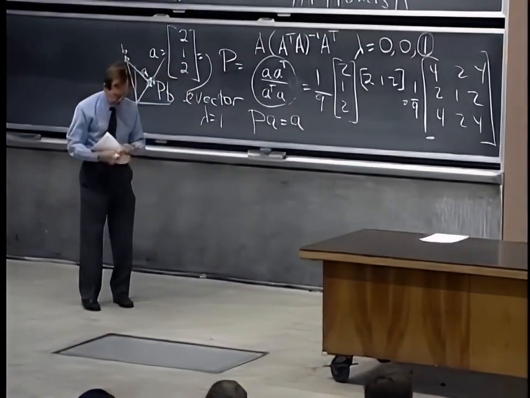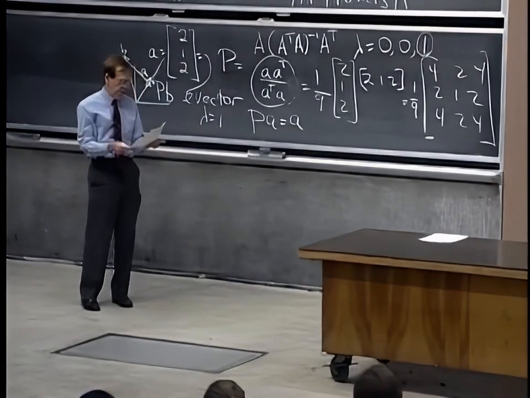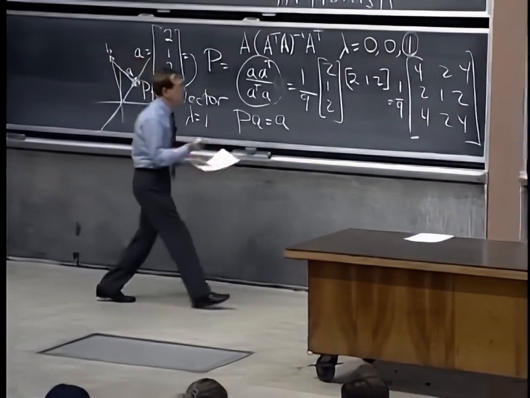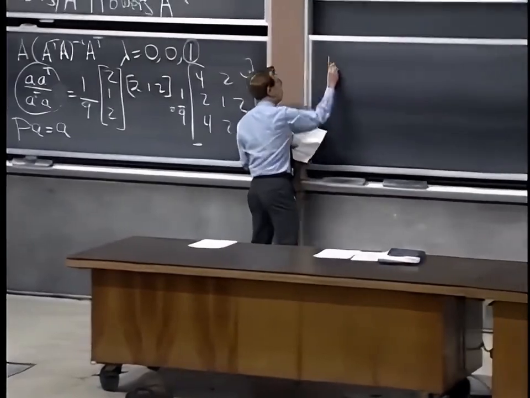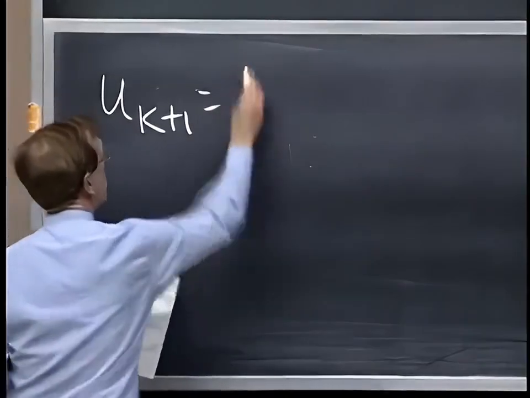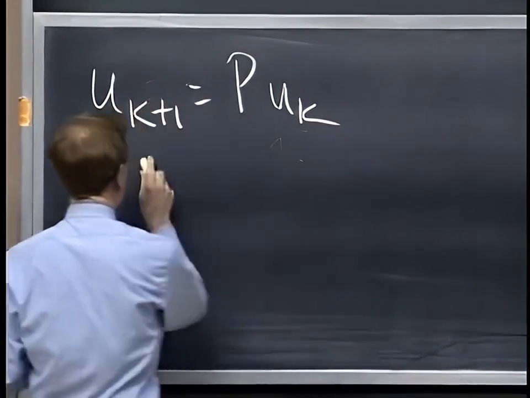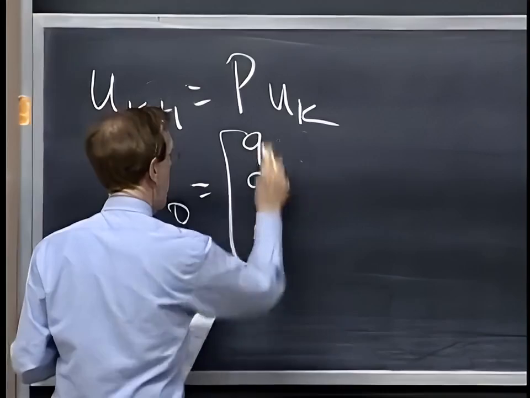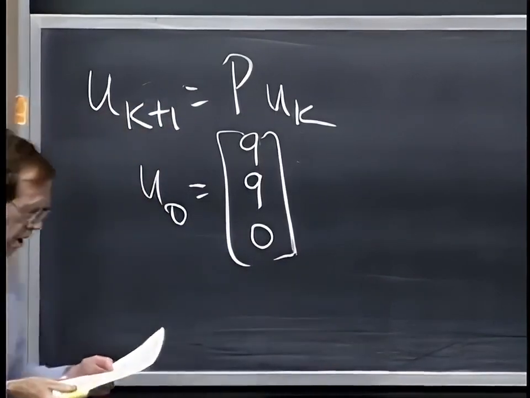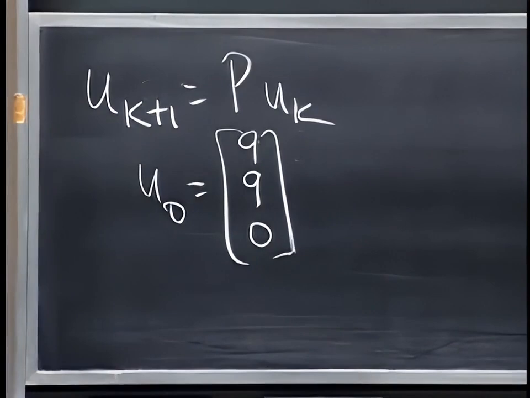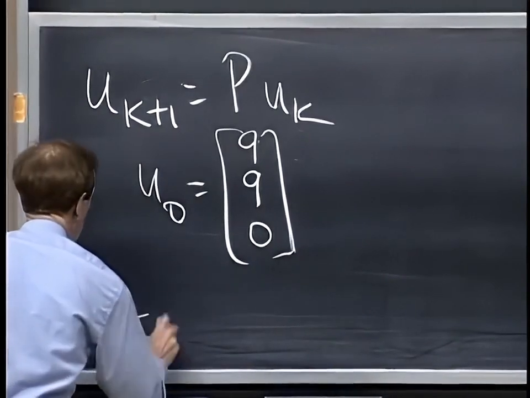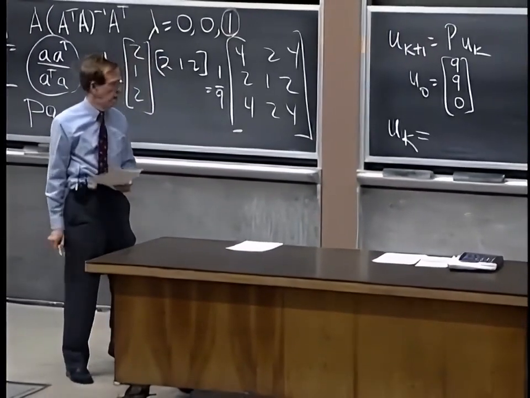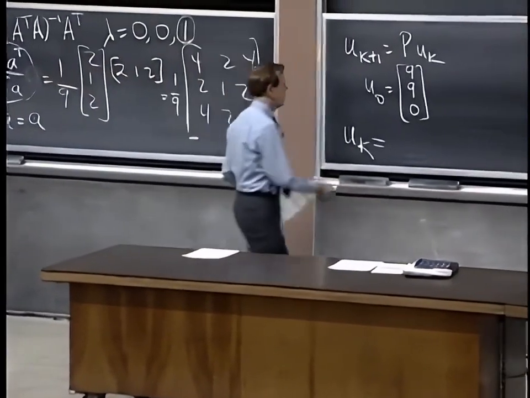Now, actually it asks you further to solve this difference equation. Solve U(k+1) equals P U(k), starting from U0 equal 9, 9, 0, and find U(k). Shall we find U1 first of all, just to get started?